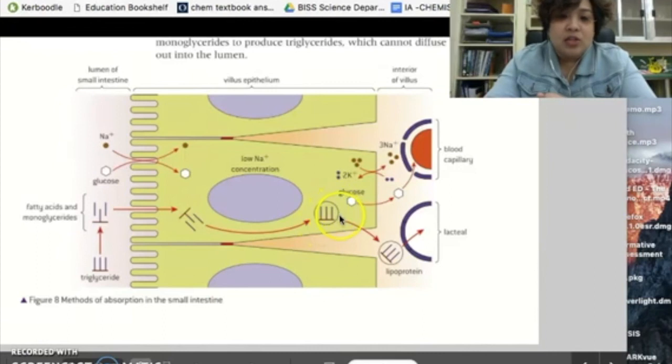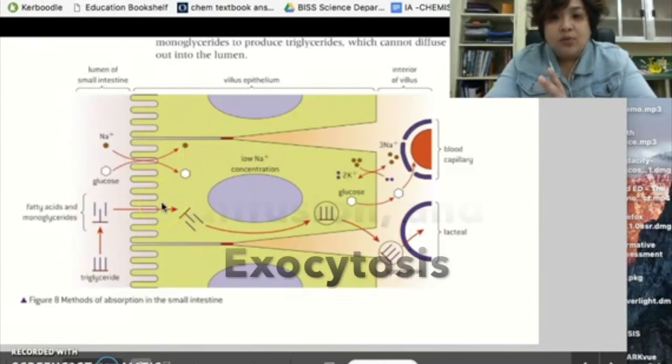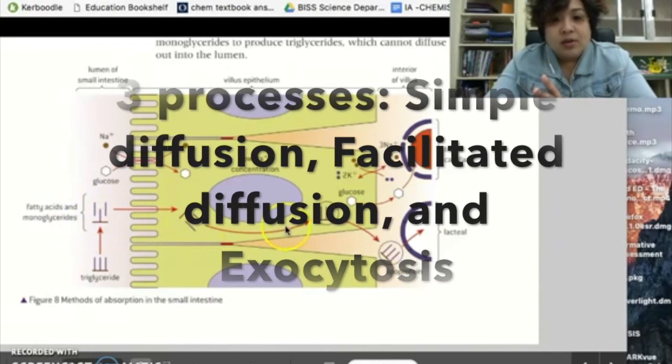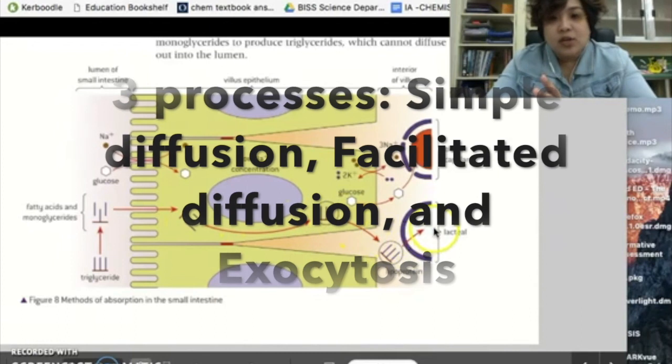Then that structure is now called a lipoprotein. And through the process of exocytosis, it will be released into your lacteal. So exocytosis here into the lacteal, diffusion here. Two processes for absorption of triglycerides: diffusion and exocytosis.